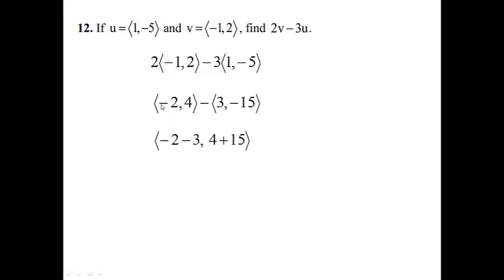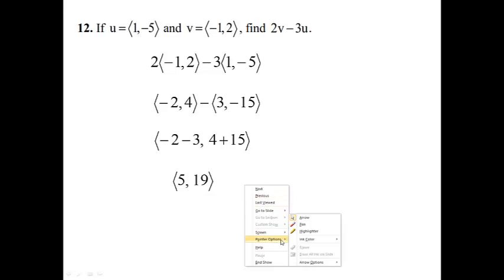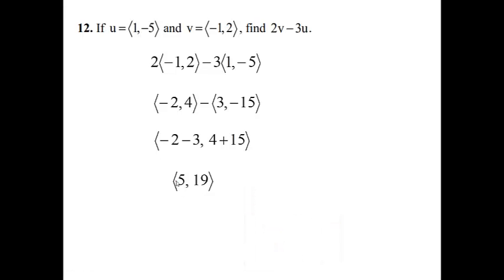Do my subtraction, -2 minus 3, and 4 minus a negative 15, minus negative becomes a plus. Finishing that off, negative 5 comma 19.